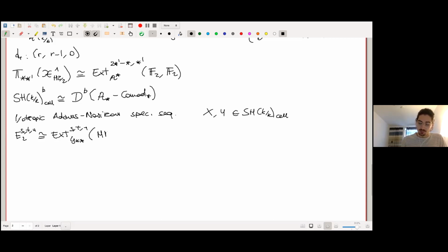And then here we have MBP star star X, MBP star Y, where MBP is the motivic Brown-Peterson spectrum at the prime 2, and this converges to the maps from X to Y.